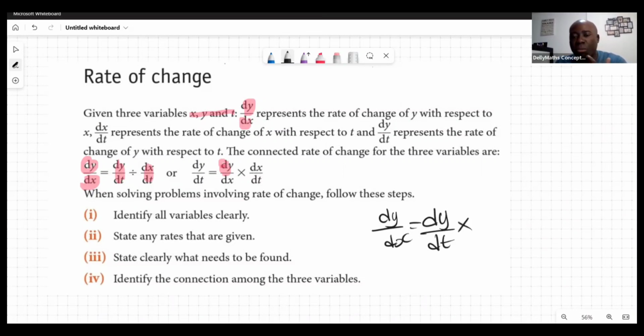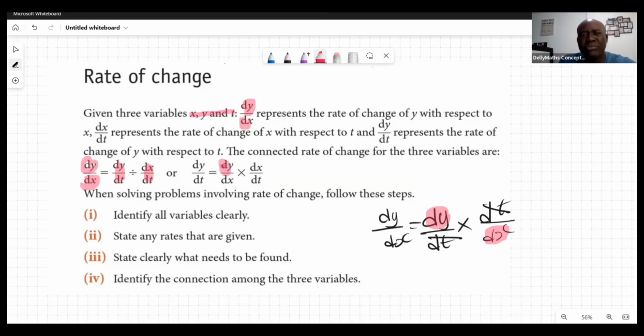I need something multiplied by this with the dx in it, so that when I cancel the t's, the dy and the dx remain as numerator and denominator. So we're always looking for something that can be canceled, but you will always get one of them, and then you have to find a way to get the other based on the situation.